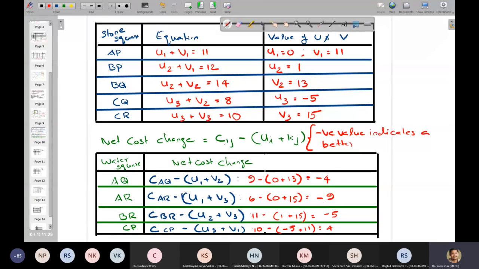Which one will we select? The one with the largest negative coefficient.